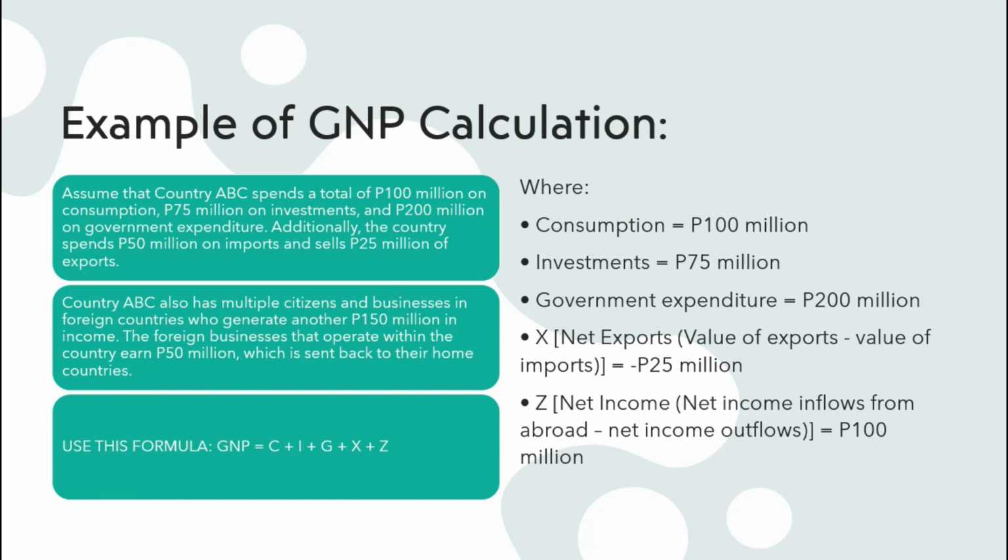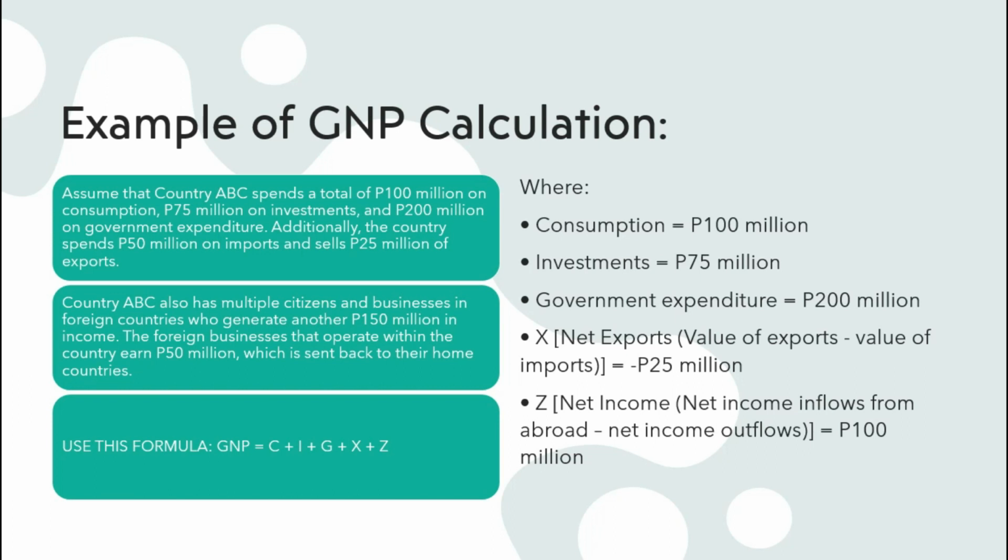Again, for the calculation, plugging into the formula from the third paragraph, GNP equals C plus I plus G plus XN plus Z. So GNP equals 100 million plus 75 million plus the government expenditure of 200 million, plus the net export of negative 25 million, then plus Z or the net income of 100 million.